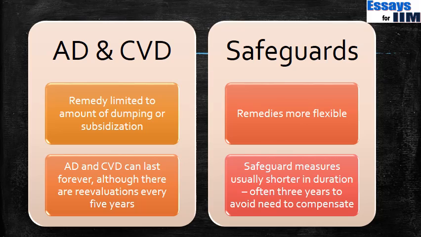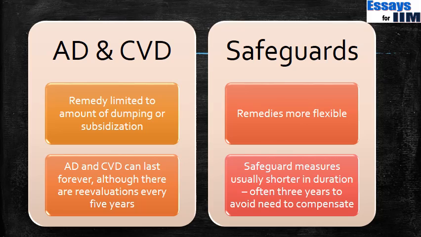AD and CVD can last forever, although you need to reevaluate every 5 years. Because if China doesn't stop the unfair measures, let us say, I'm just taking China as an example, you can continue to have these measures for the rest of eternity. But safeguard is a very short duration thing, mostly 3 years, because it is assumed that this surge in import has happened because of a very specific reason, which you may or may not understand, but it is not expected to last for a lifetime.